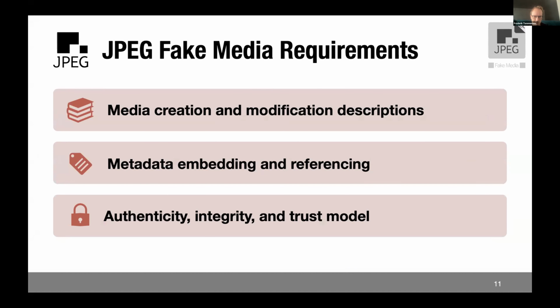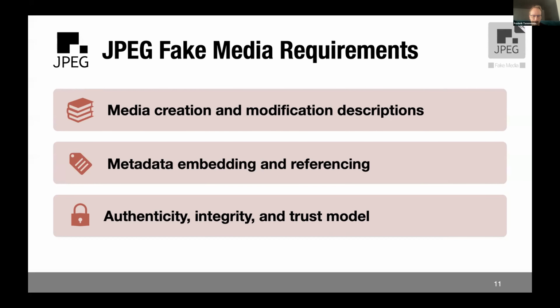In terms of requirements, we have 3 sets of requirements. The first one is related to the creation and modification description. So that's basically the metadata to describe the origin and all the modifications that have been applied to media assets. Then we have a set of requirements related to the embedding and referencing.